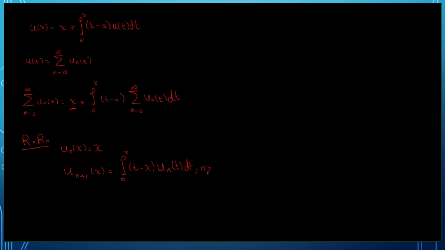Okay, and n is greater than or equal to 0. So we can get u1 of x when n equals 0. The integration from 0 to x of (t minus x) u0 of t dt.